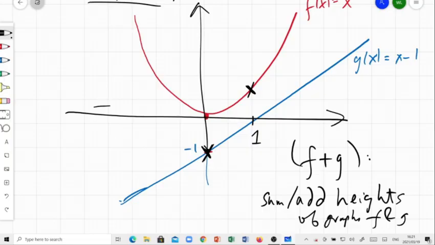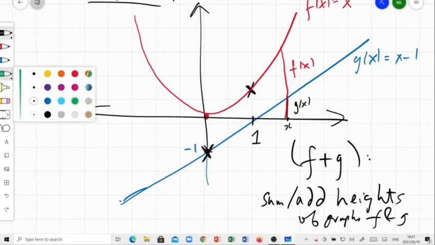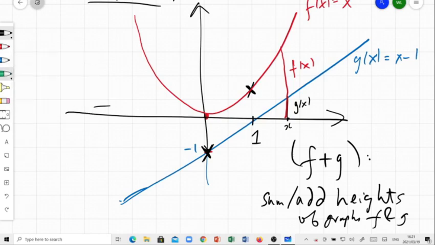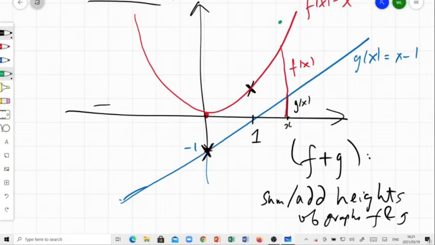At any general x, this height is g of x, and this height is f of x, and I just sum the red height with the black height. I end up with a taller height, somewhere around here. I do it at each and every x, and notice that I will get a kind of mellowed out parabola in this format.